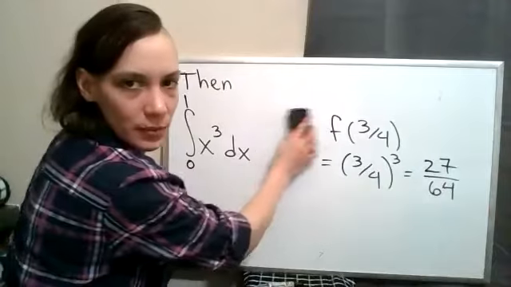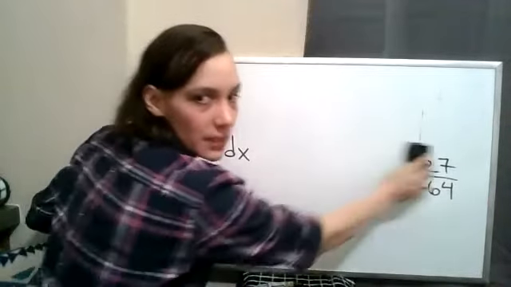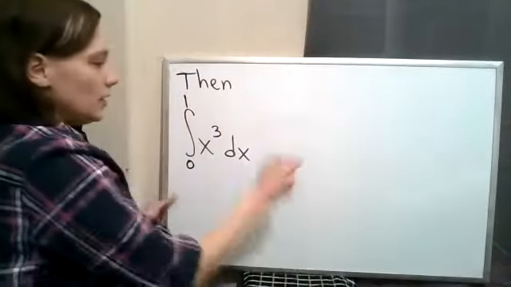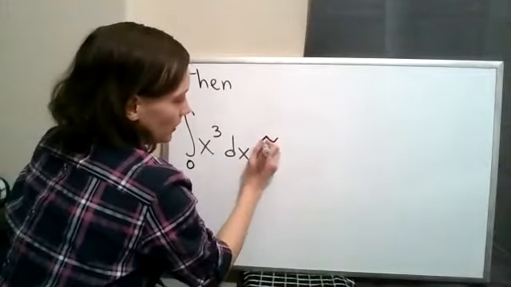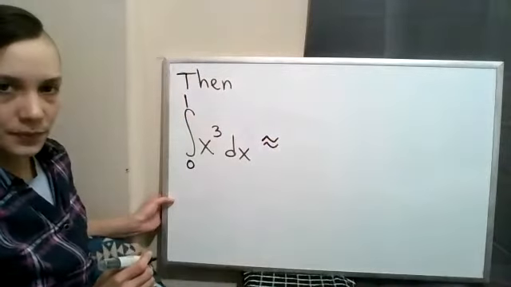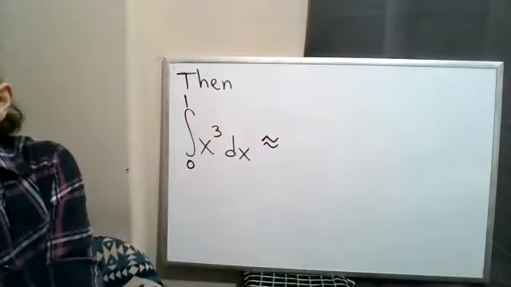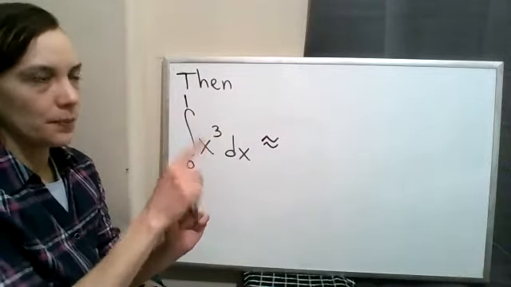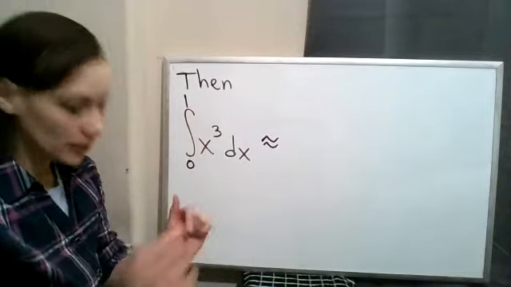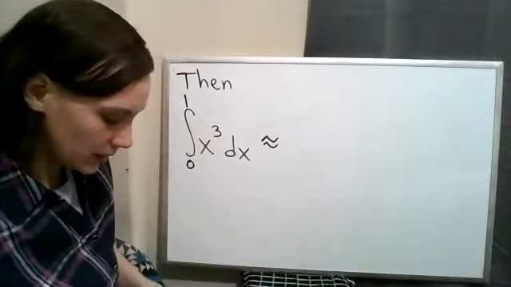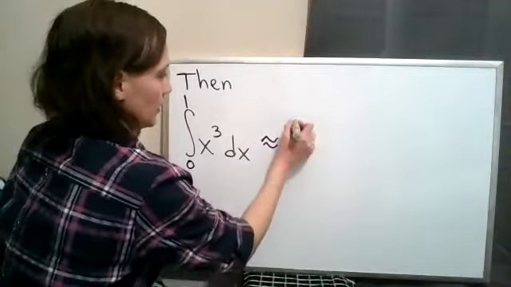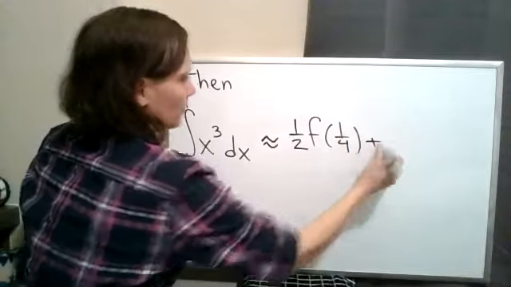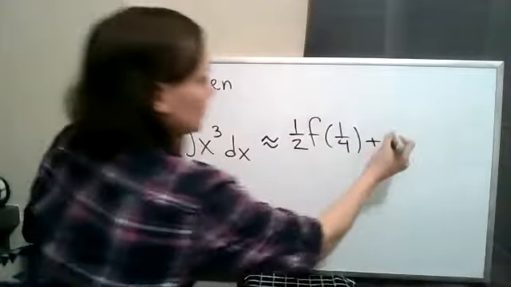So hopefully you got this one. f of 3/4 is 27/64. So I just wrote it as height times base of the first rectangle. So it's a height of f of 1/4 times the base, which is 1/2. Okay, plus the other base times height.